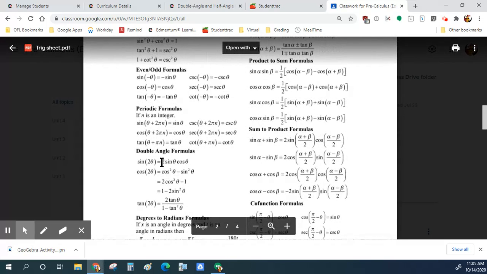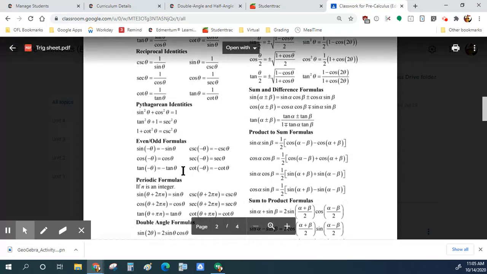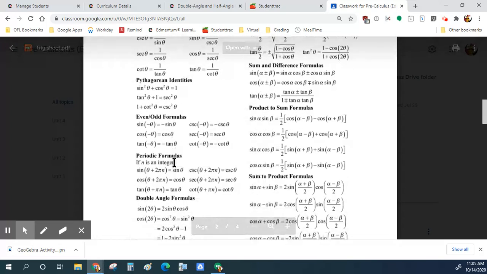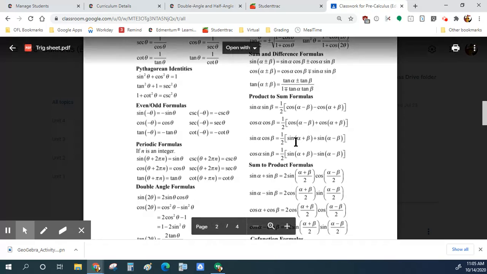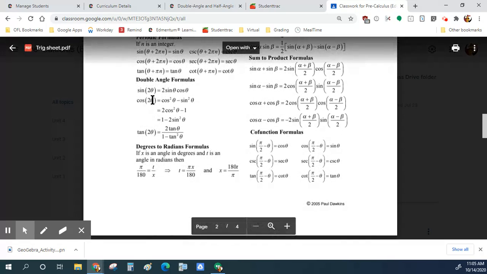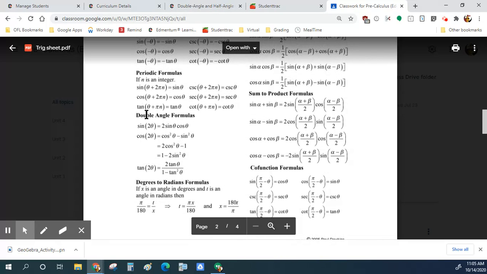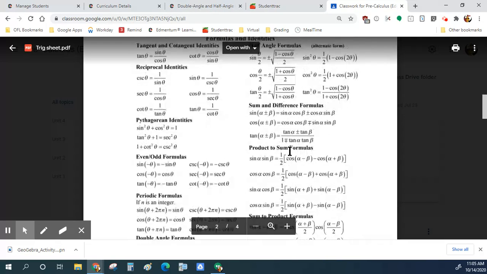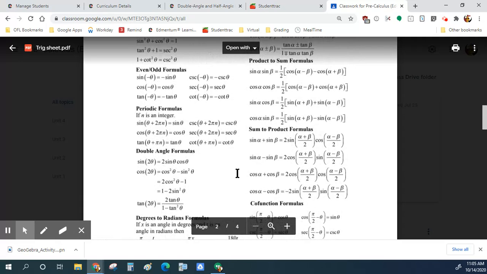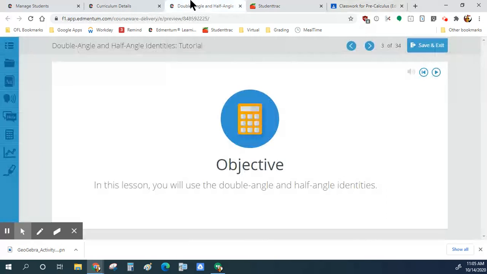There they are. I think this one even has half angle formulas. It doesn't have the half angle formulas. You can derive them from the double angle formulas, but we'll get into that. The double angle formulas do relate to the sum and difference formulas, and we'll get into that a little bit. So in this lesson, we're going to learn about the double angle and half angle identities.